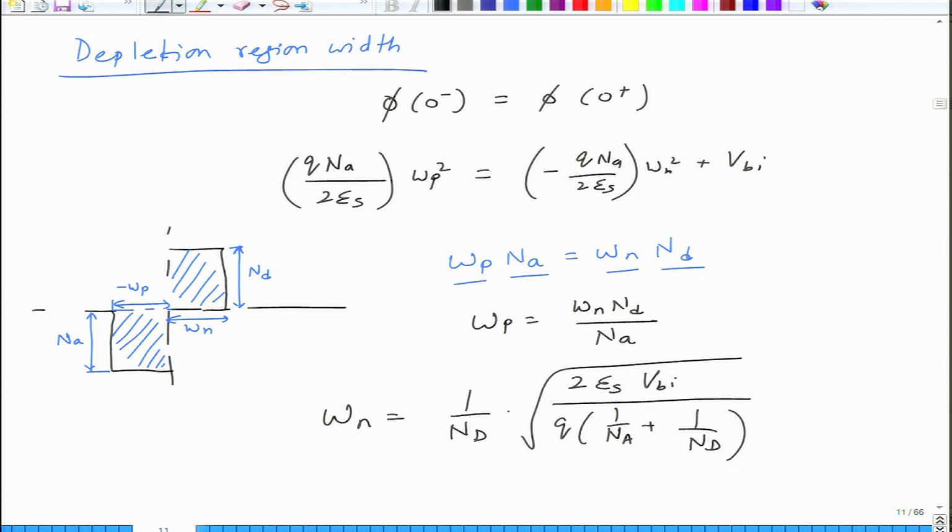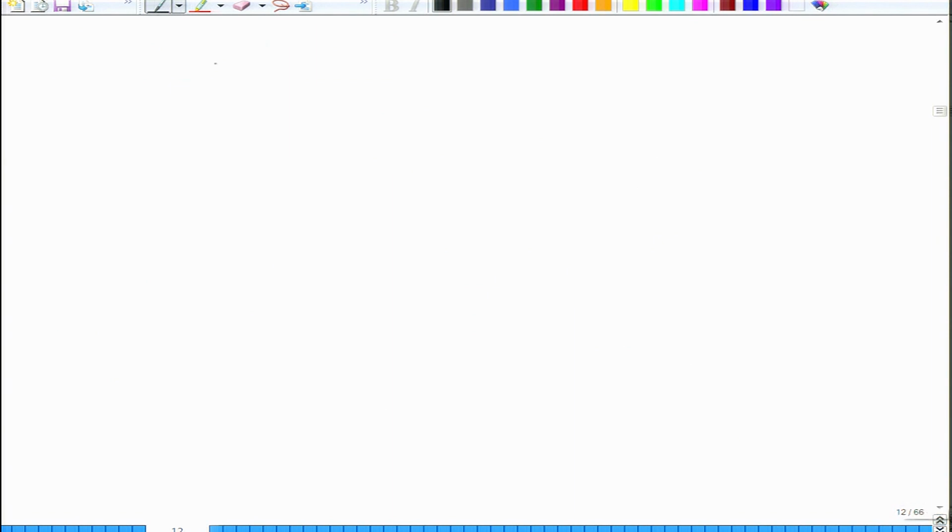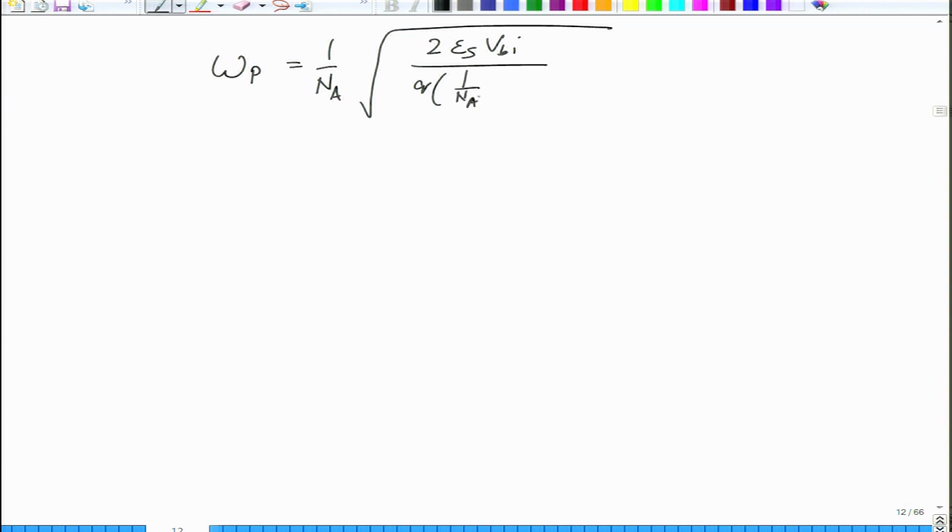And if you do the similar thing for Wp, you will obtain Wp as 1 over Na into square root of 2 epsilon s Vbi divided by Q into 1 over Na plus 1 over Nd.